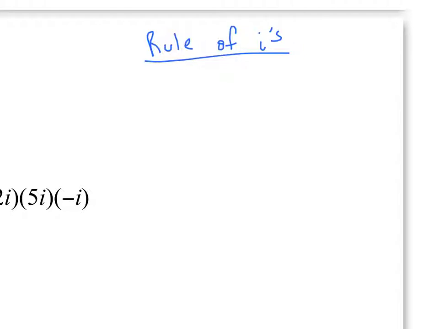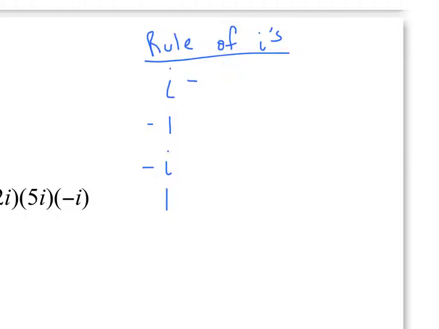All right, it was, I won. I won, negatives in the middle. That is the rule of i's. I won, negatives in the middle. What that tells us then is the pattern.